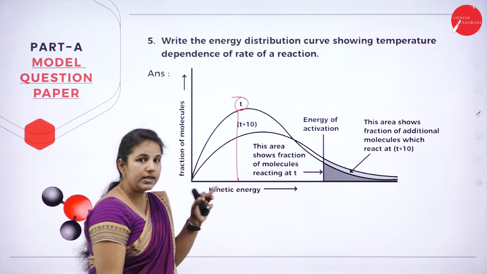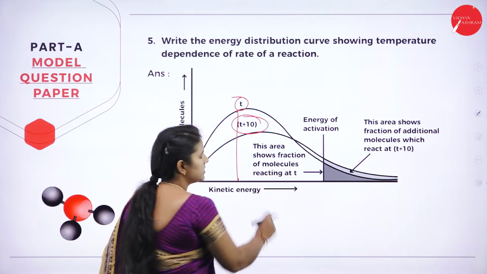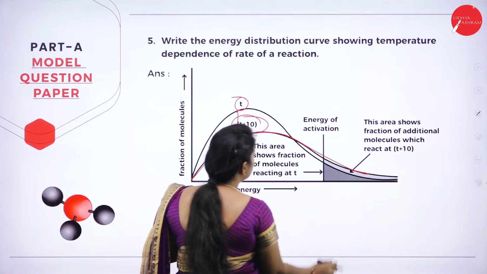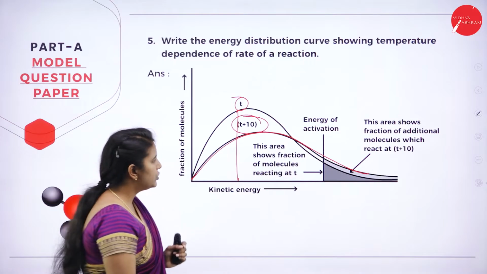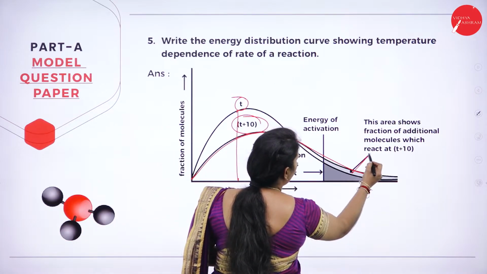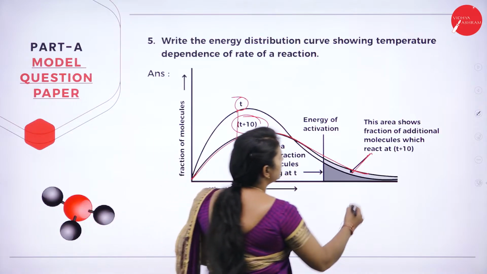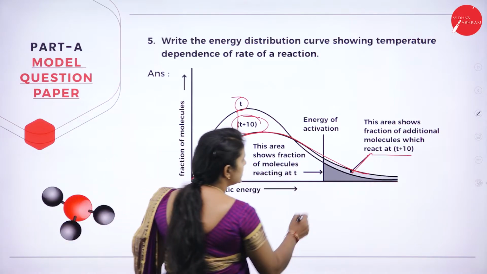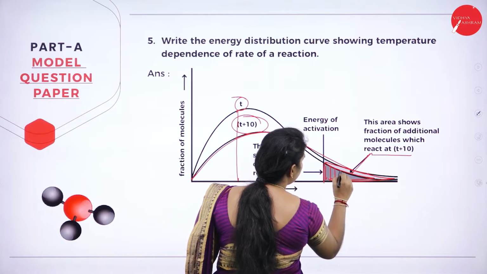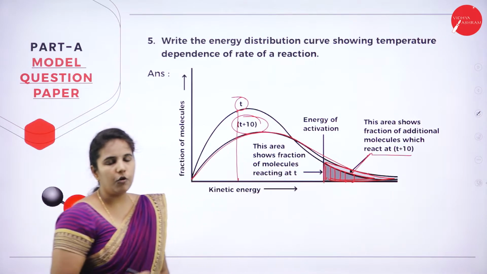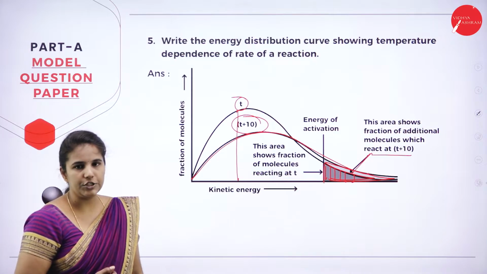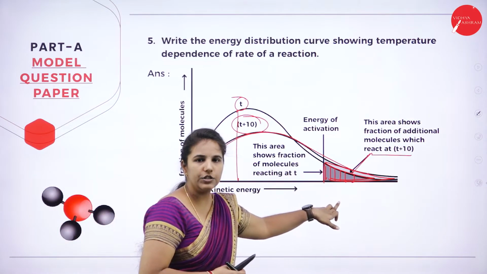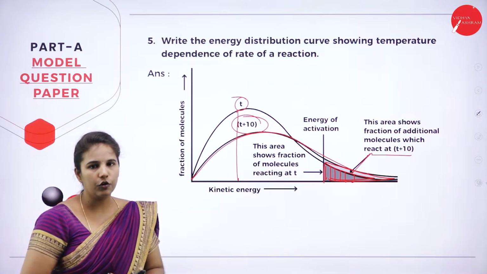Now, if you raise the temperature by 10 degrees, you can see that you get a graph just below the maximum one, showing the fraction of molecules which react at a 10-degree rise in temperature. This entire shaded region shows that the molecules have got the energy of activation. Even if you increase the temperature by just 10 degrees, the molecules will get the energy of activation so that they will undergo collision easily.